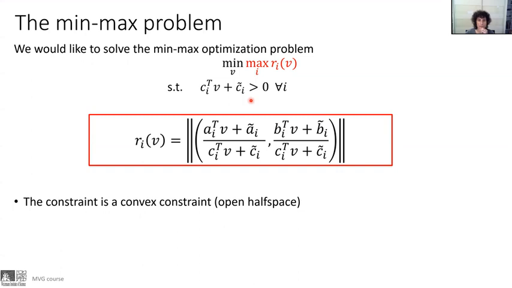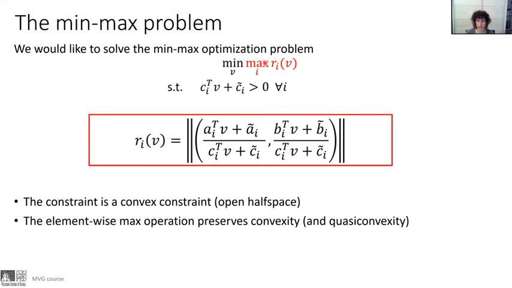Because it's an inequality, an open half space, as we saw before. This is an affine expression of v, and we know that a half space is a convex set. So the constraint is convex.